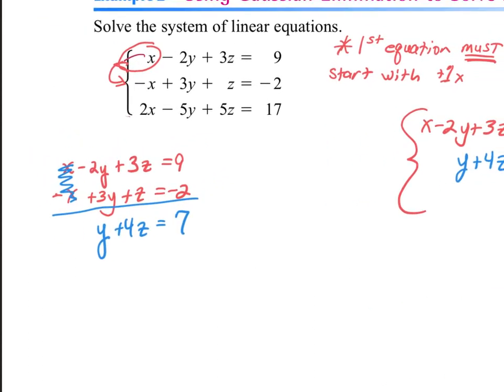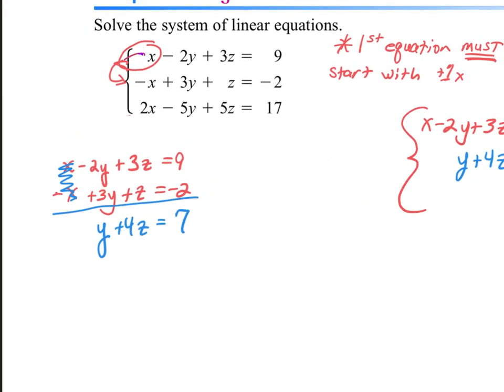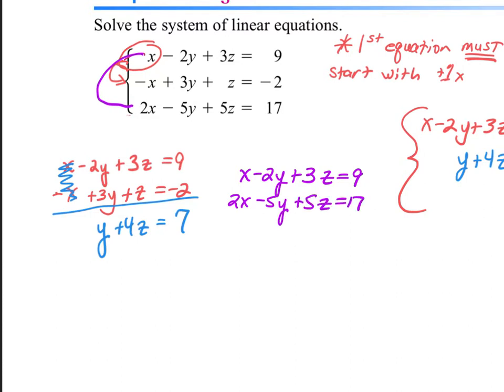So the way that we do that, okay, we're going to take the first and the third. So x minus 2y plus 3z equals 9. And then the third is 2x minus 5y plus 5z equals 17. And we're going to cancel out x's. So what would I multiply the top equation by so my x's can cancel out? What kind of 2? A -2, right?